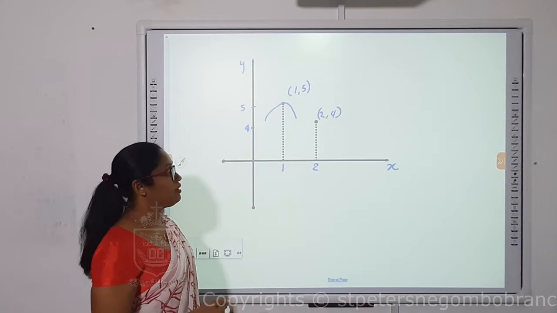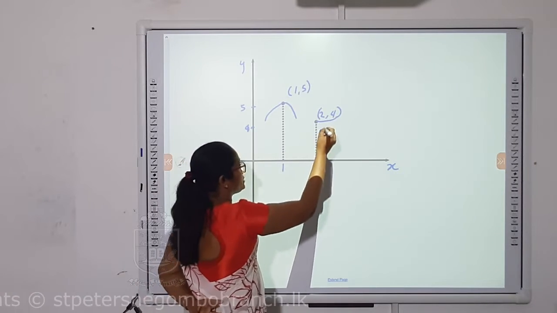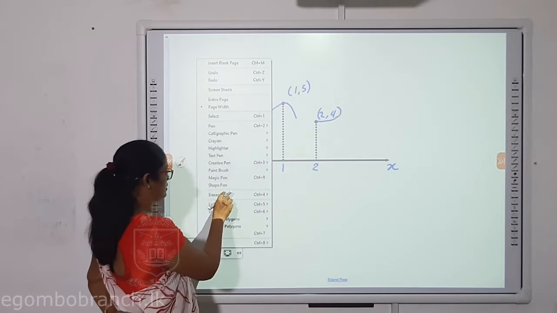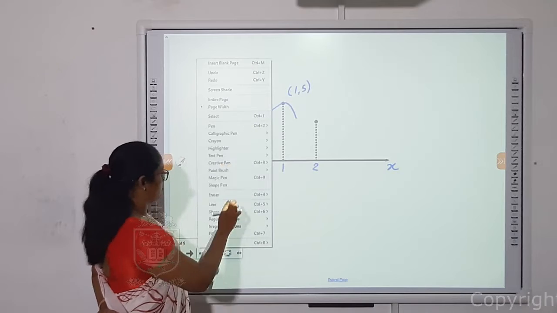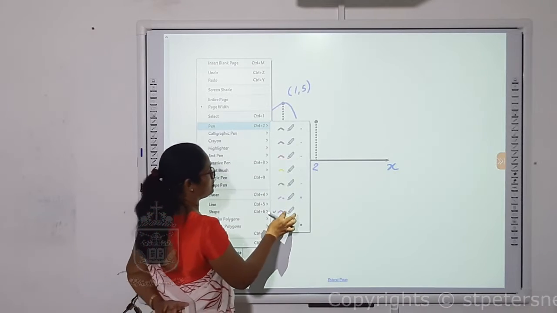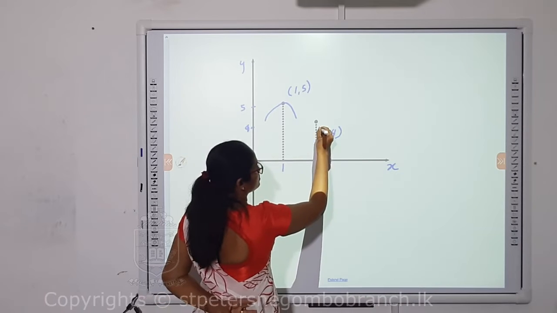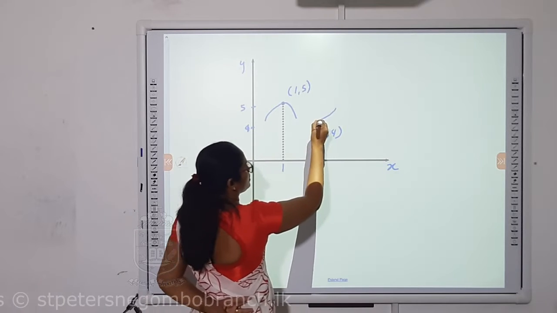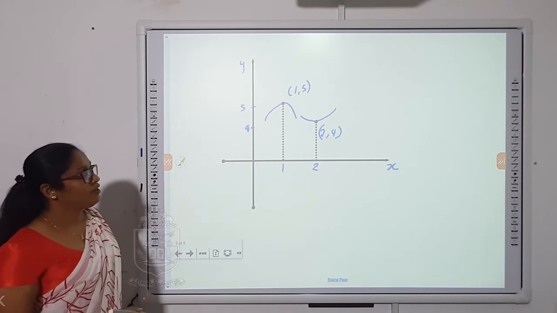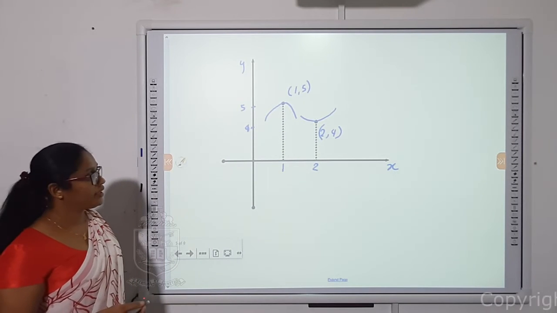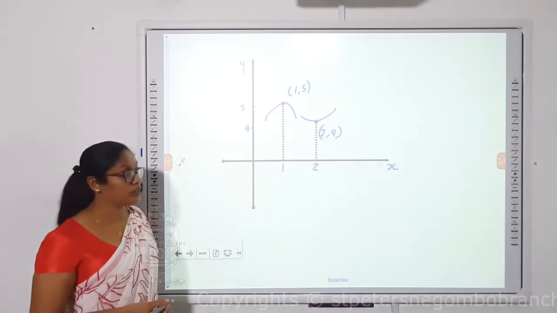And at (2, 4) there is a relative minimum, so the shape we can continue like this. Right. Okay. So the behavior around the maximum and minimum points I have marked. And we know that the graph is passing through the origin.